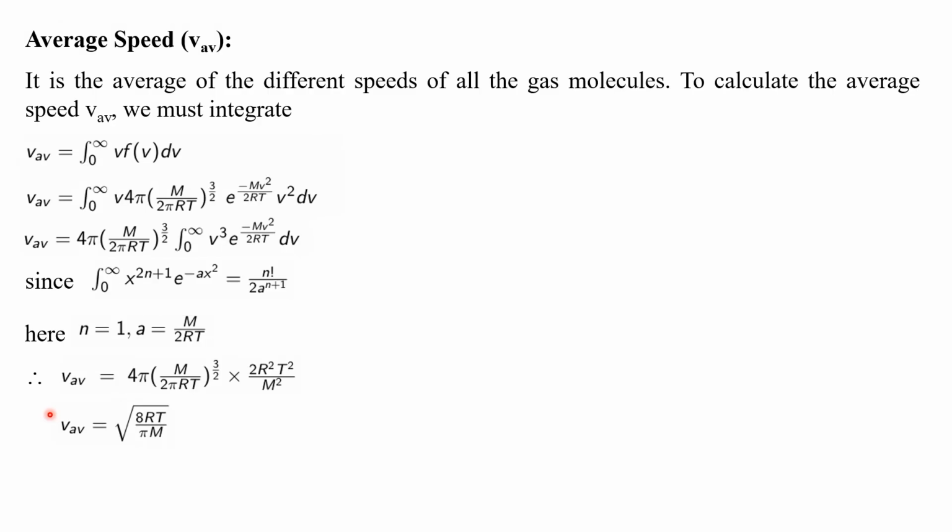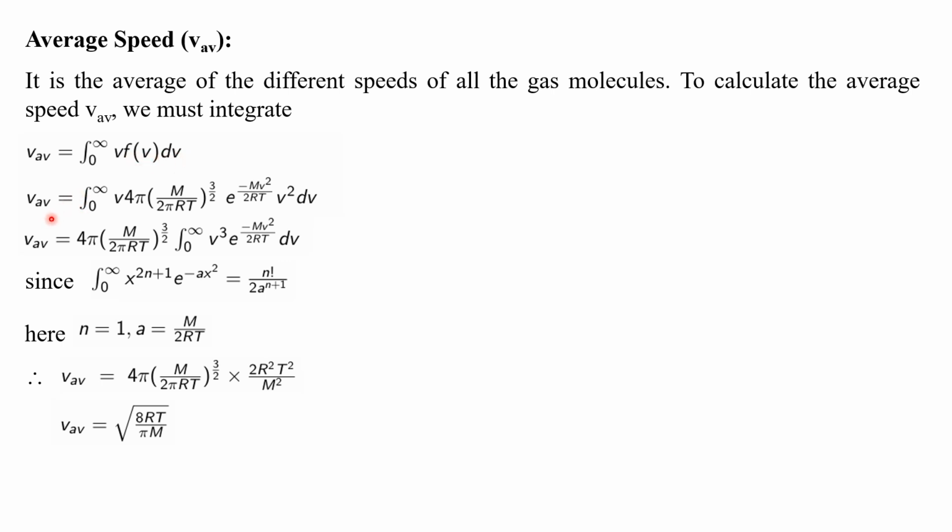Next, we discuss average speed. It is the average of the different speeds of all gas molecules. To calculate the average speed, we must integrate from 0 to infinity v f(v) dv.